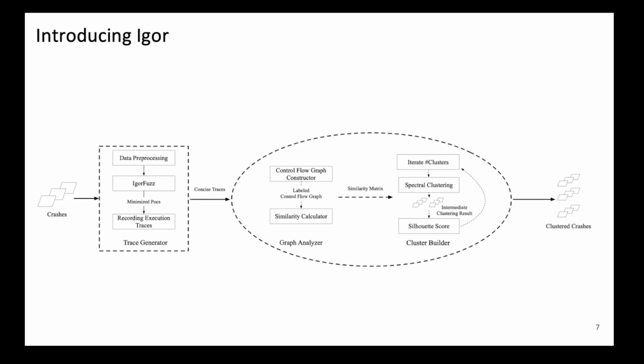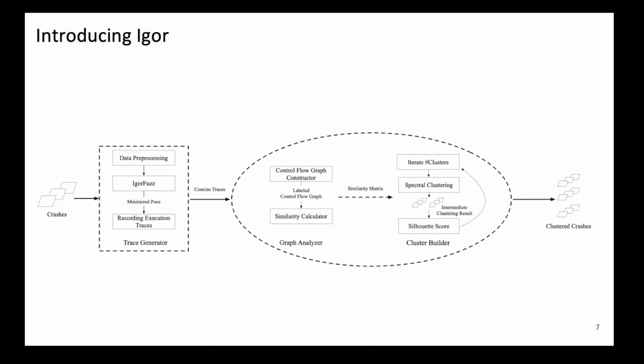In summary, the overall workflow of our system is shown in the figure. Given a large number of crashes generated by the fuzzer as the input, we first process the data to reduce the subsequent computational overhead from the number and the scale of a single crash, and then use IgorFuzz to minimize these crashes.